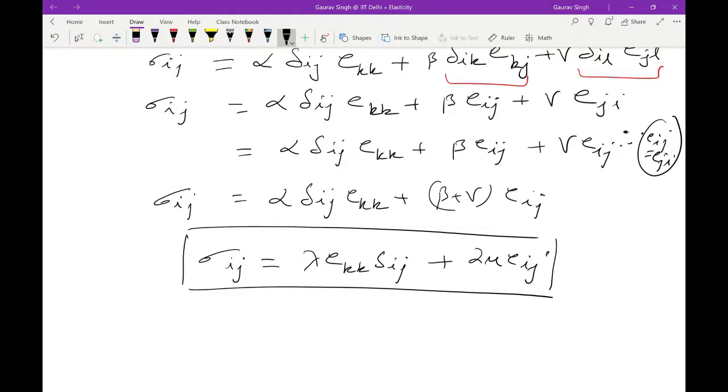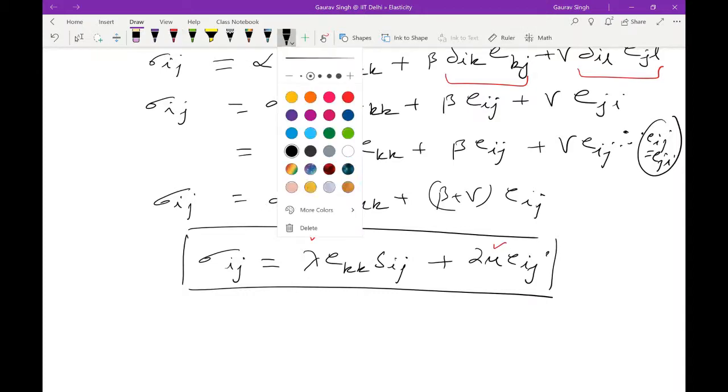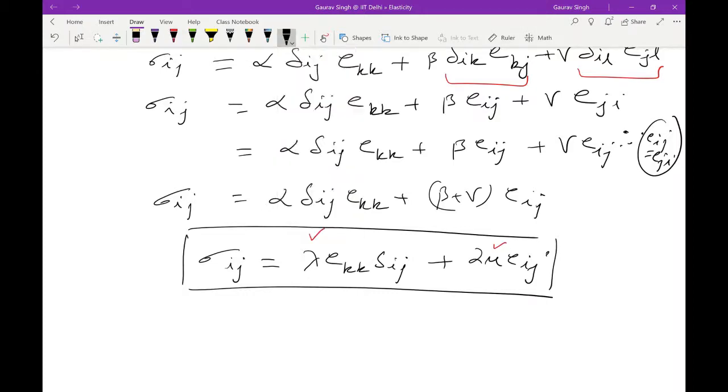As you see, there are only two independent constants, lambda and mu. Lambda is called the Lame parameter, and mu is the shear modulus or the modulus of rigidity. It was possible because beta plus gamma, which were arbitrary constants, can be combined together to write another constant, which is 2 mu. And alpha has been written as lambda.